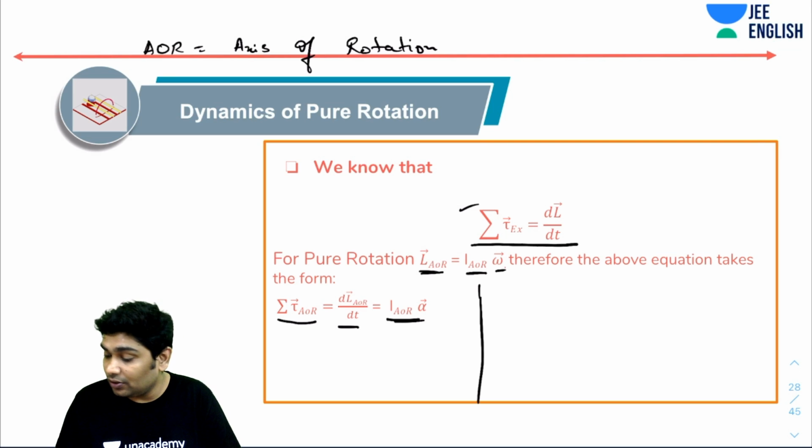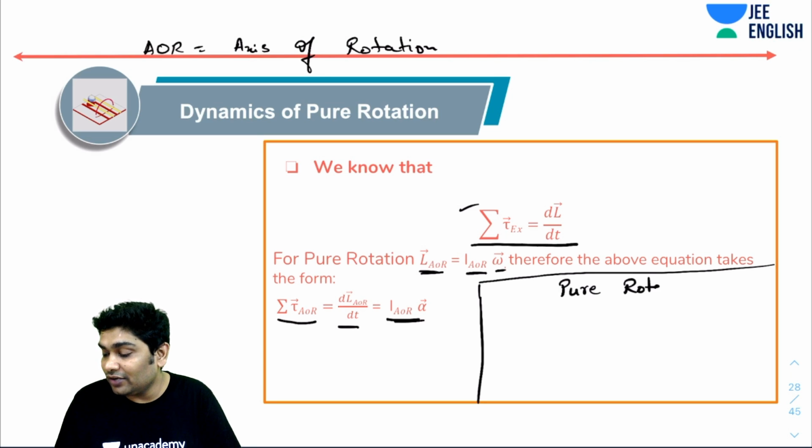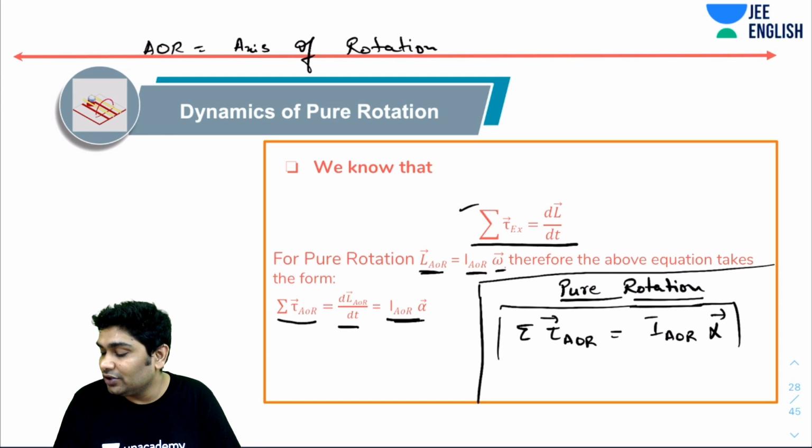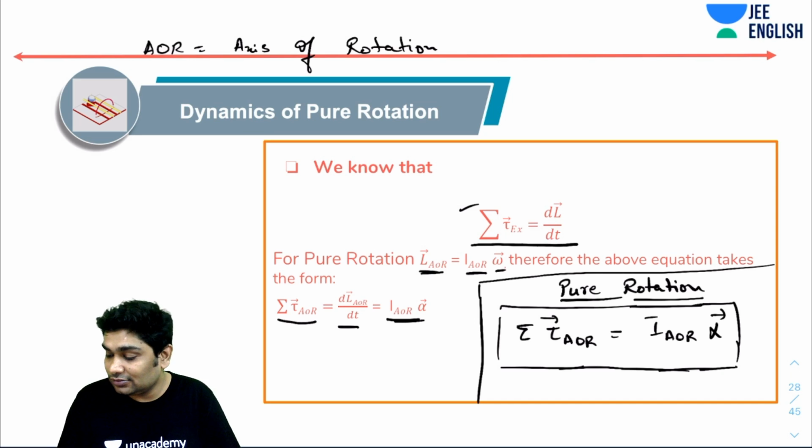For pure rotation and pure rotation only, the general equation is tau equals I alpha. For pure rotation, it takes the form of summation tau about axis of rotation is equal to I about axis of rotation times alpha. Very, very important result. This is what you will use to analyze the dynamics of pure rotation.